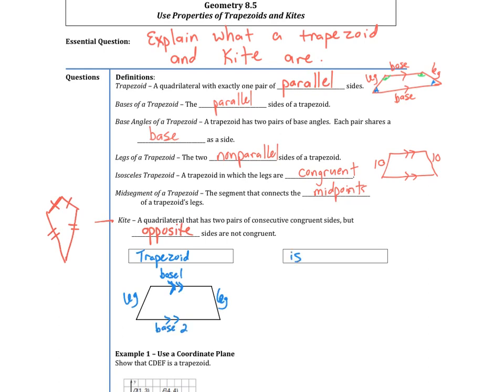Okay, and over here we're just going to draw an isosceles trapezoid. So that would be when the two legs are congruent. Okay, so that's the difference between a regular trapezoid and an isosceles trapezoid.